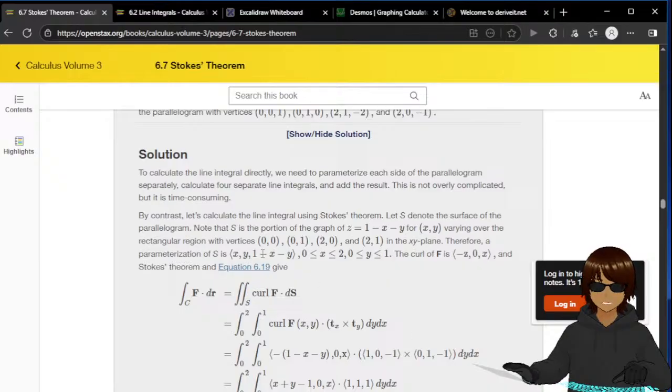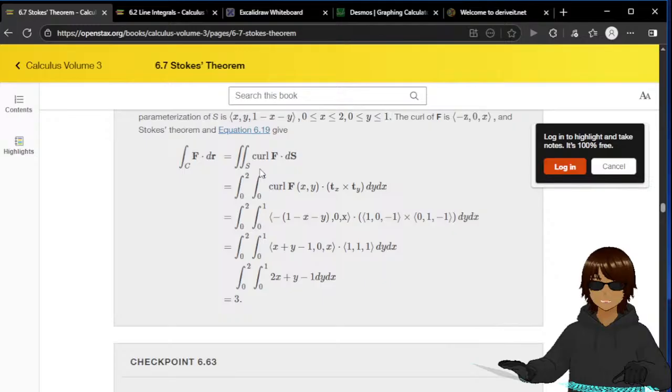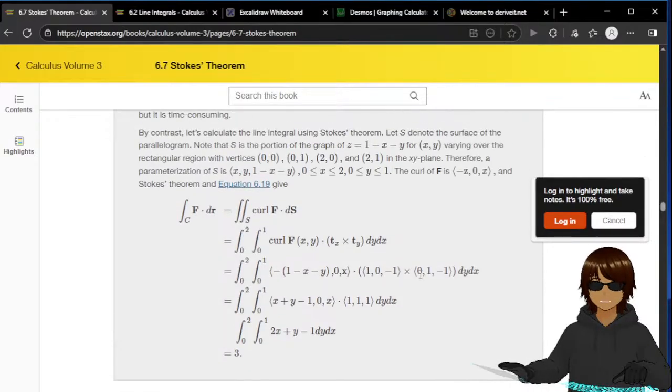Is it this over here? 1, 0, negative 1? Yeah, this makes sense. Okay, if it's from this, then it makes sense. Right.